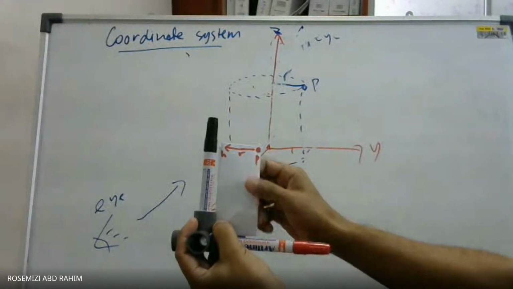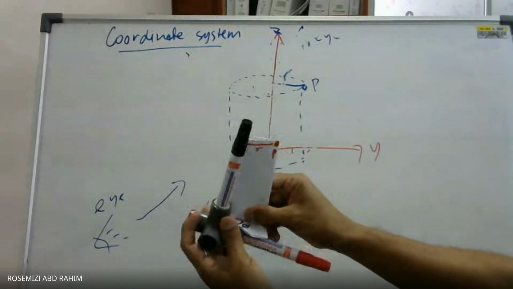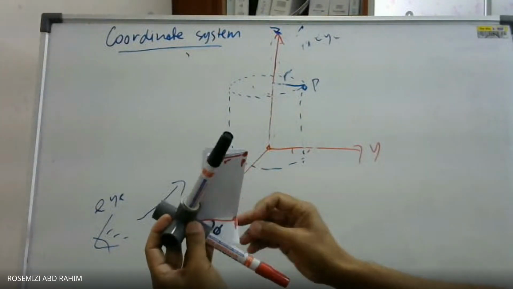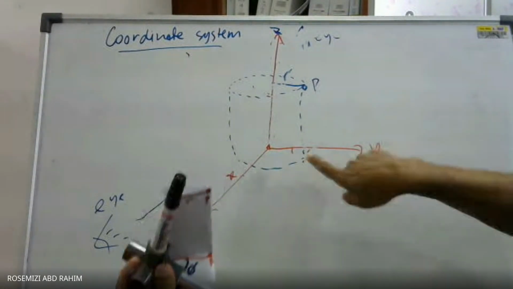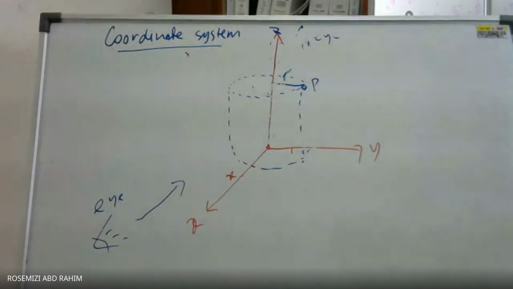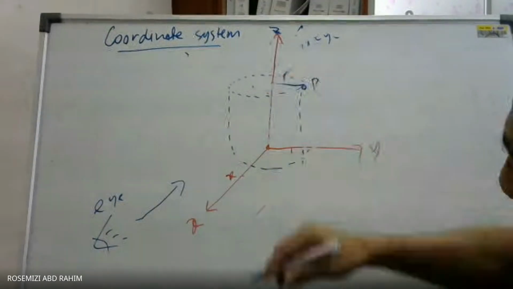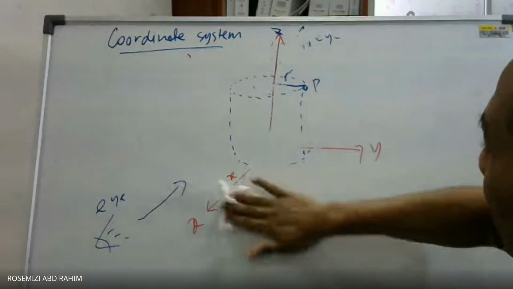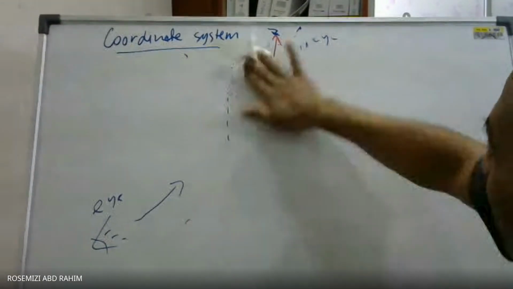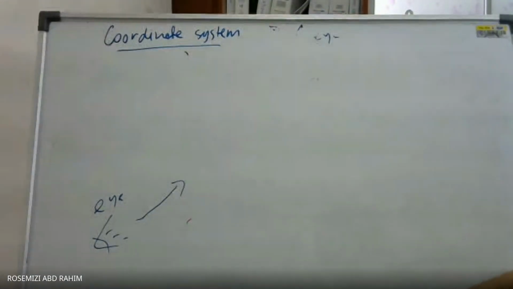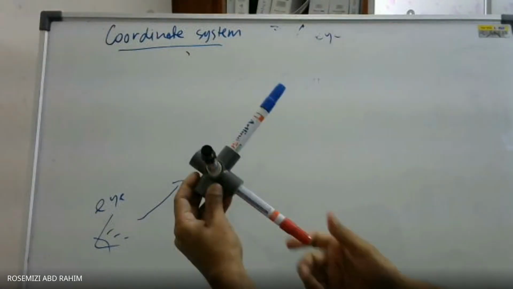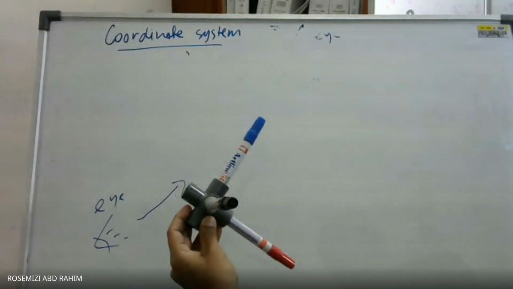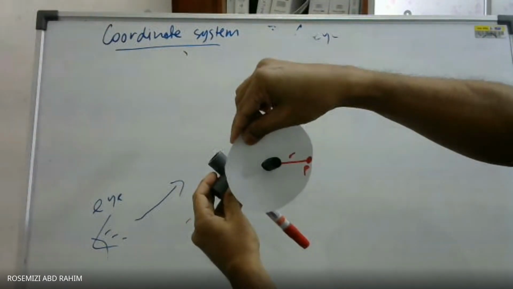If you look from here, this is point P. We look from this axis, we can see this one.